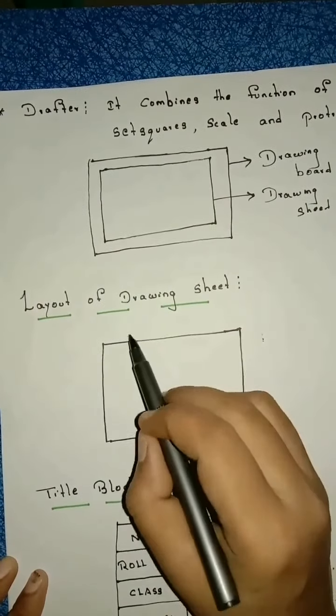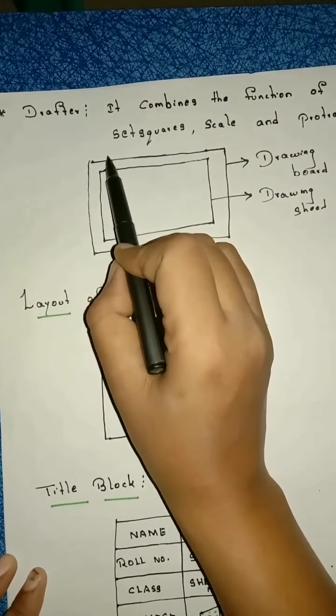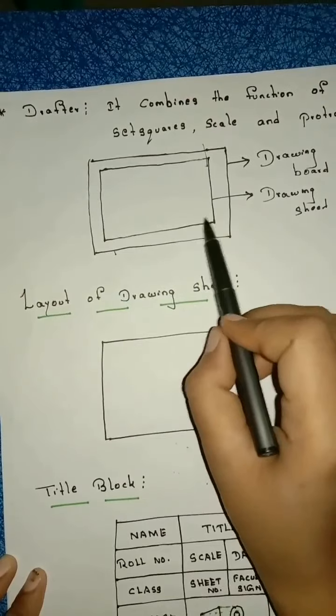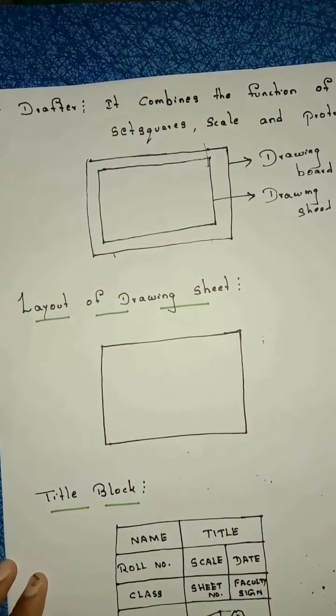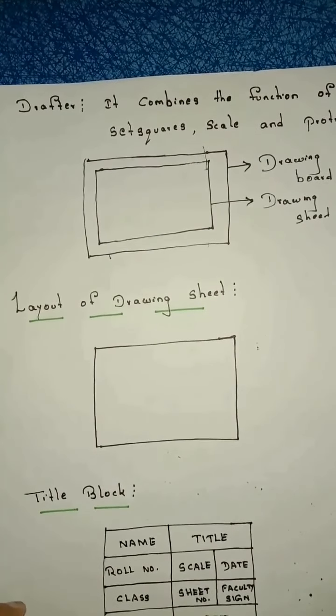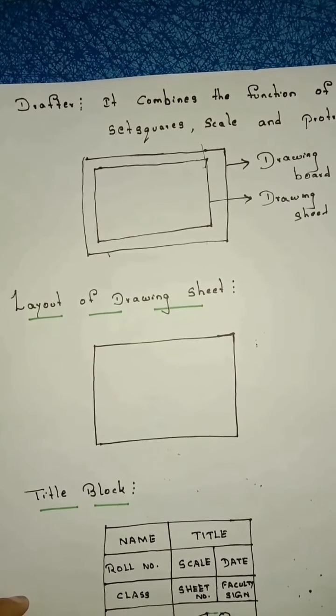After that, we are placing the drawing clips here, 1 2 3 4. On 4 sides we are placing the drawing clips in order to fix the sheet tightly, right?